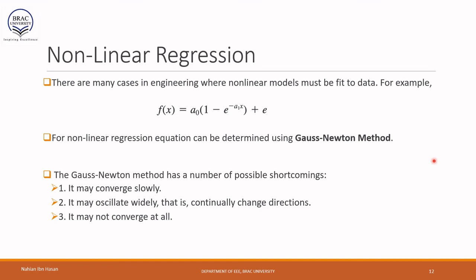Second, it oscillates very widely. As a result, the functional data points oscillate much more frequently than in the linear regression cases, and the equation continuously changes direction, so it may not converge at all. That's the third pitfall, that the method might not converge at all. So these are the three shortcomings of the Gauss-Newton method. Be careful of that.